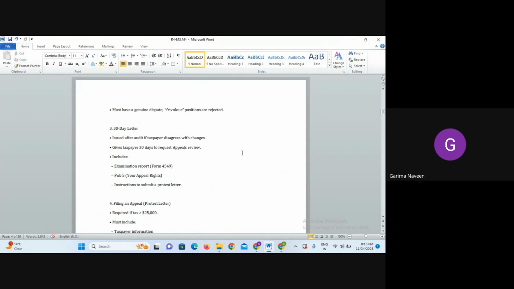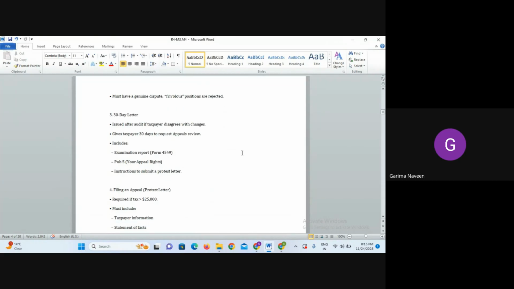Okay, if agreement is not reached or if the examination was conducted in the field, the IRS will send the taxpayer a copy of the examination report and a preliminary notice, the 30-day letter. So first of all, the 30-day letter is issued. After issuance of the 30-day letter, the taxpayer has 30 days to accept the deficiency, or may request an IRS appeal.